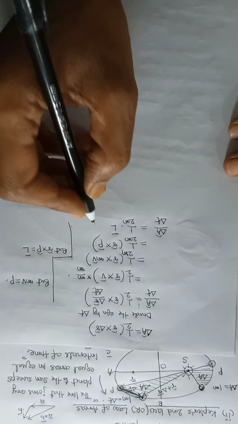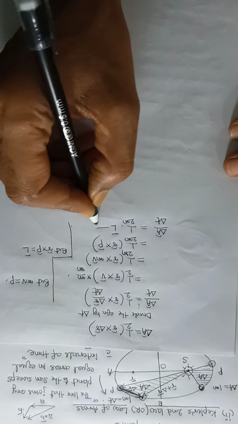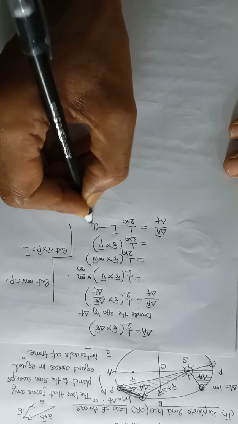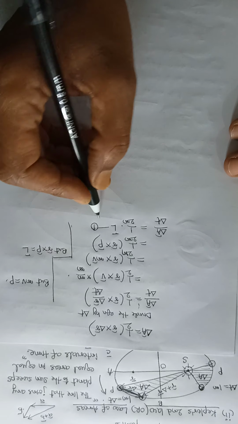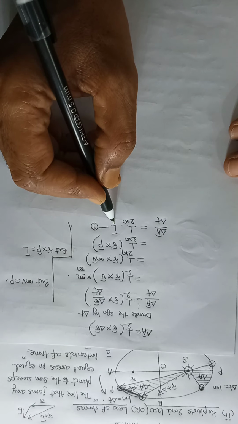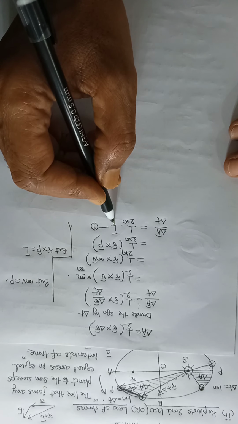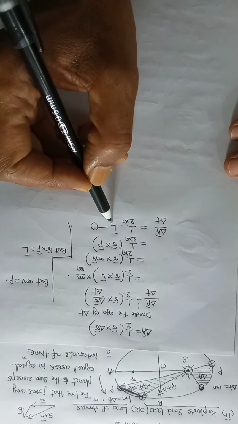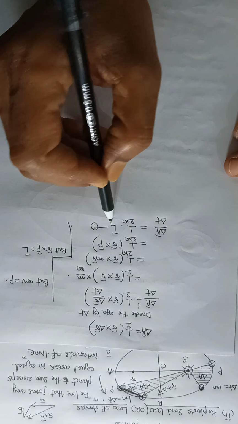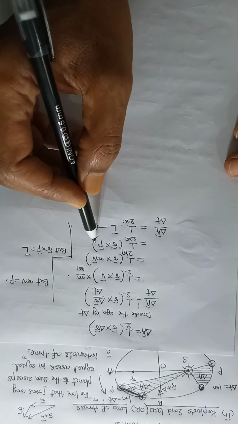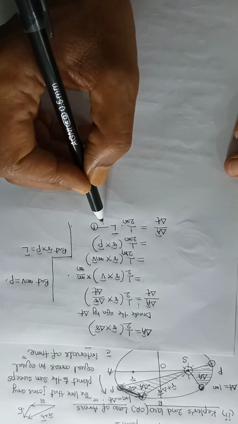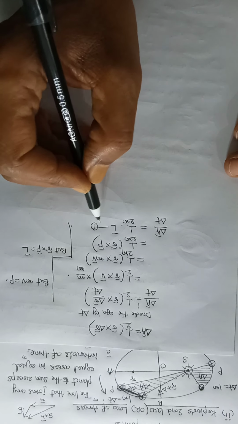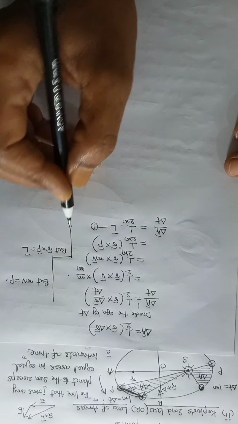Now let us stop here. And now for the planet moving around the Sun, let us see whether its angular momentum changes or remains constant.